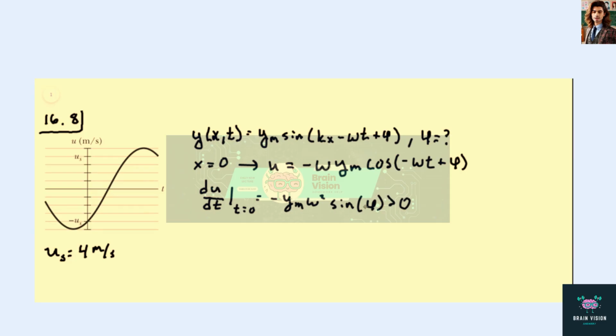So this is going to help us get the correct angle here, noting that this has to be positive. More specifically, negative sine of phi is positive because y sub m and omega squared are positive, and we could divide both sides of this by those, and so we just get negative sine of phi is greater than 0. So this means that phi is either in the third or fourth quadrant.